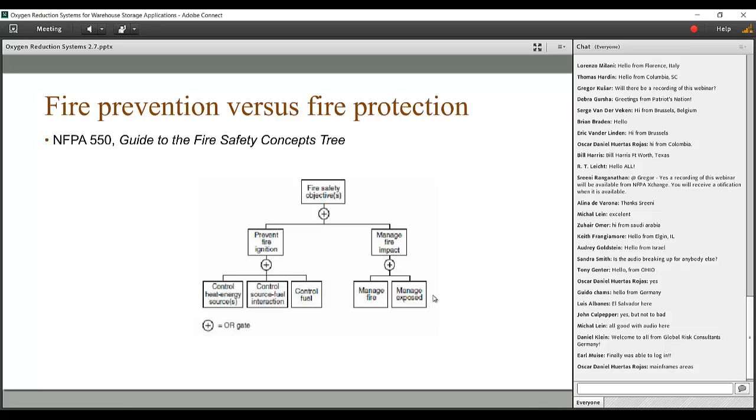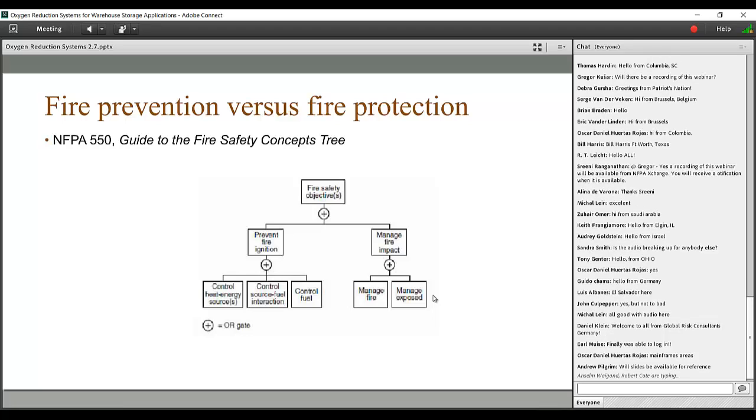Thank you, Patrick. One of the objectives that we had from the outset on this project was really to look at the literature and understand what the objectives for protection of warehouse storage facilities would be, and where and how oxygen reduction systems would fit into the scheme. So we looked first to the fire safety concepts tree to help us look at the prevention side and the protection side.